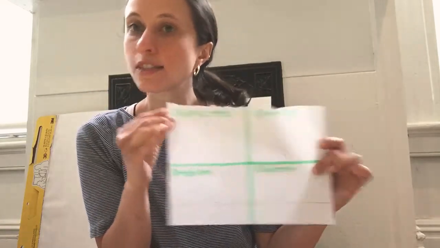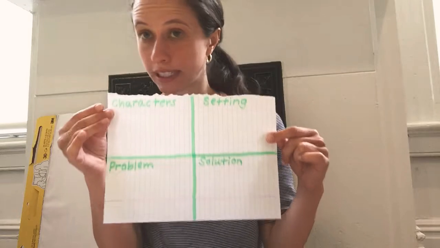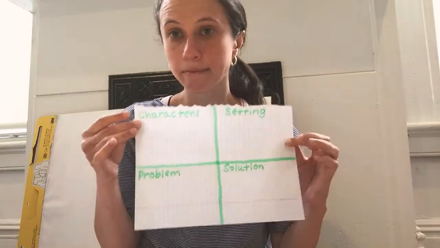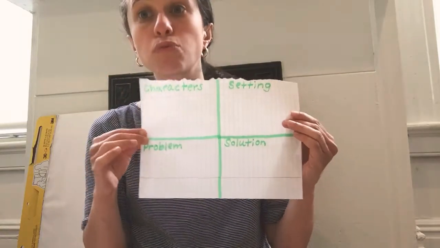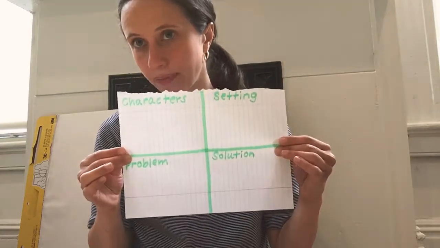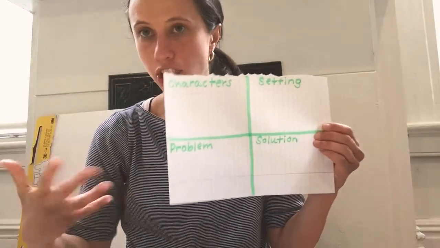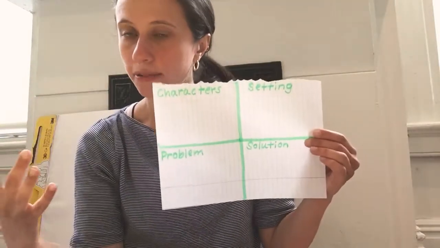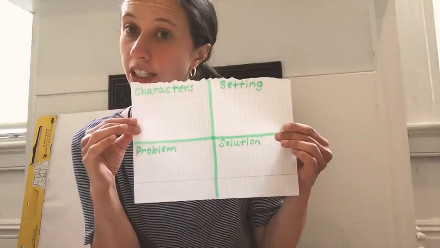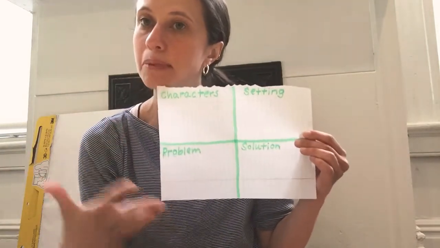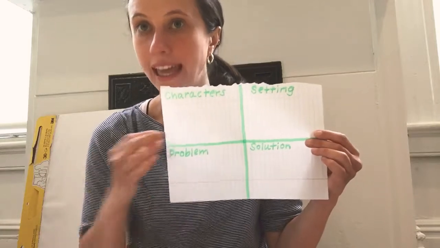The setting is where the story takes place. The problem is what goes wrong in the story, or what challenges our character. And our solution is how the problem is solved and how the story ends.